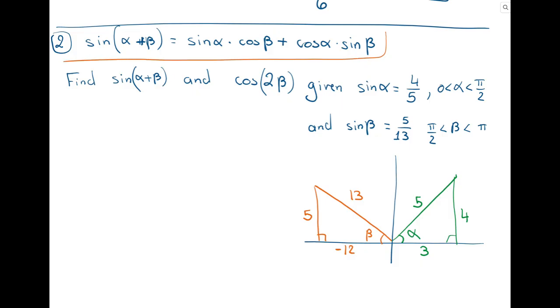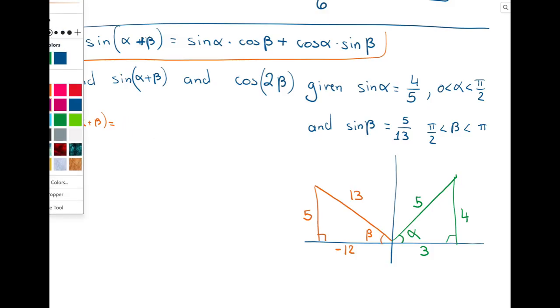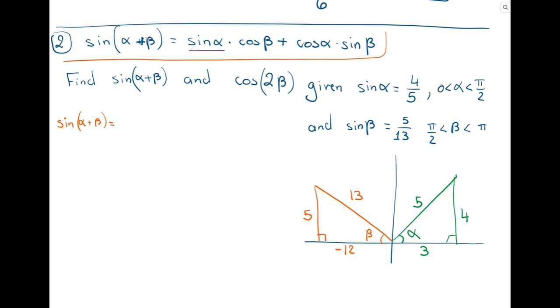So we need to find sine of alpha plus beta. So sine of alpha plus beta is equal to sine alpha. I'm not going to rewrite it because we already have that above here. So the sine alpha is in quadrant 1 and the sine is 4/5. That was given to us, right?